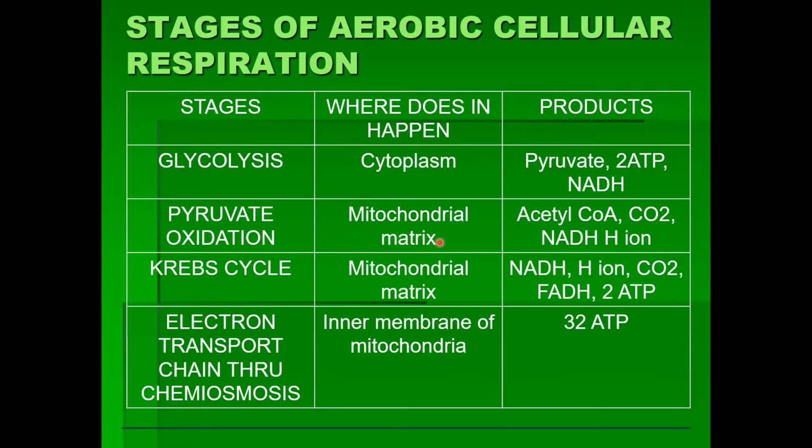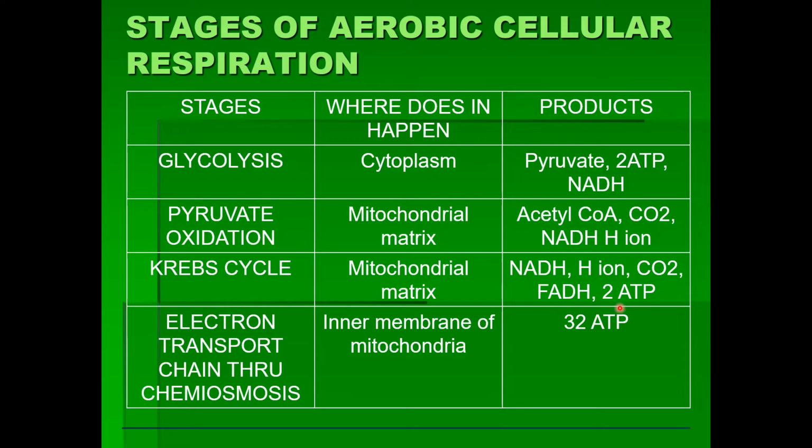It happens in the mitochondrial matrix, and the products are acetyl coenzyme A, carbon dioxide, NADH, and hydrogen ion. The next stage is the citric acid cycle or the Krebs cycle, which happens in the mitochondrial matrix. The products are NADH, hydrogen ion, carbon dioxide, FADH, and 2 molecules of ATP.